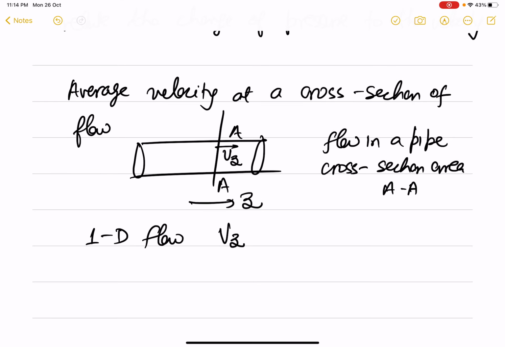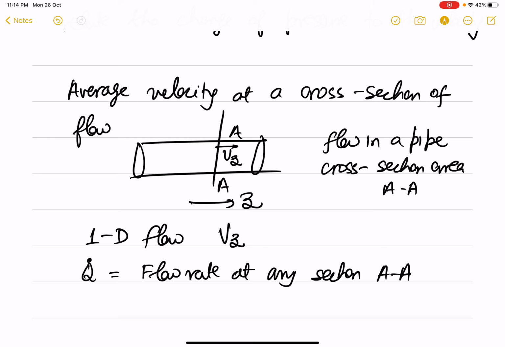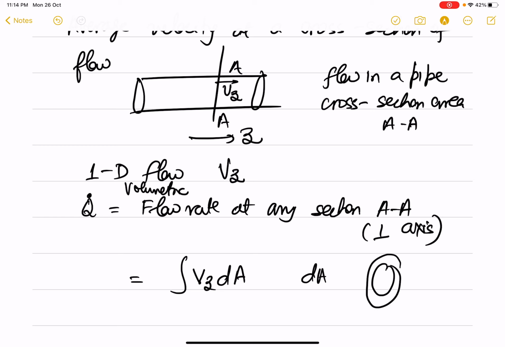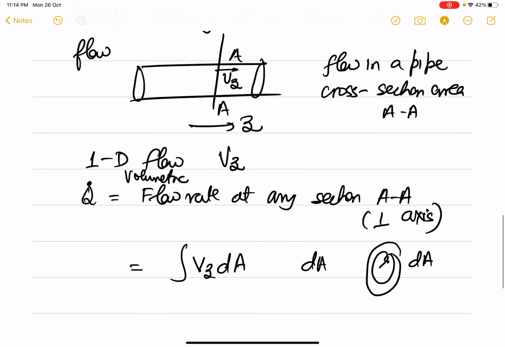Then the flow rate, we use the symbol Q dot for flow rate at any section, and here we take a section AA which is perpendicular to the axis. So this we can say will be equal to, this is volumetric flow rate. If it is mass flow rate, you have to multiply it by density. This will be equal to integral Vz dA, where dA is an annular area.